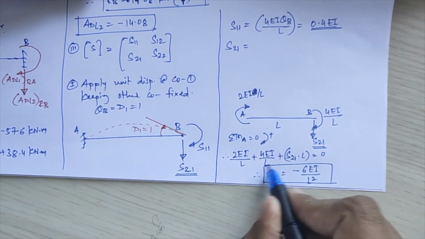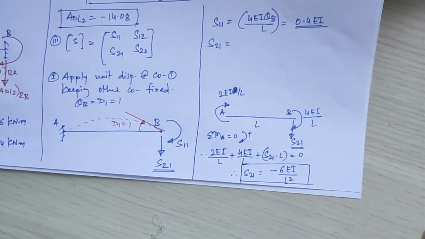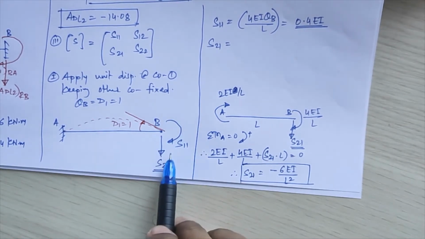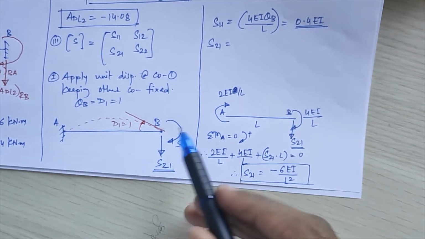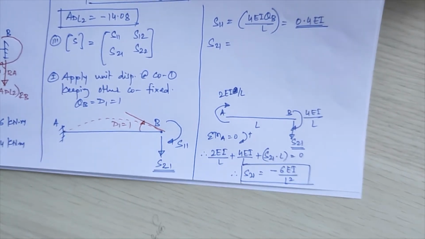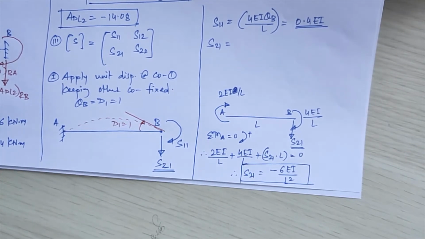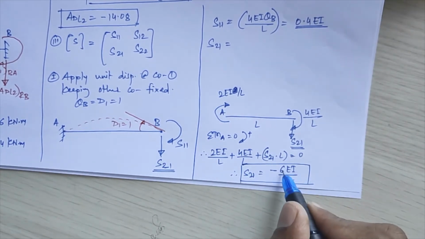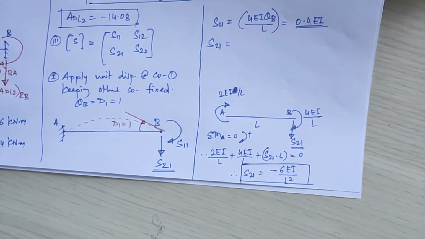So you write one note from this: if you are applying theta equal to 1 and you are asked to calculate the force value, that force value is always equal to minus 6EI upon L square. The condition is that your theta must be clockwise in nature. So S21 I am getting as 6EI upon L square negative.